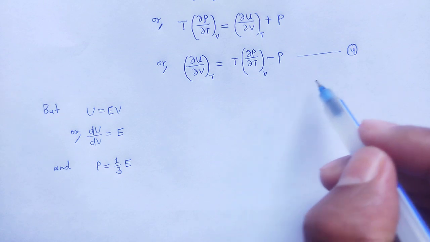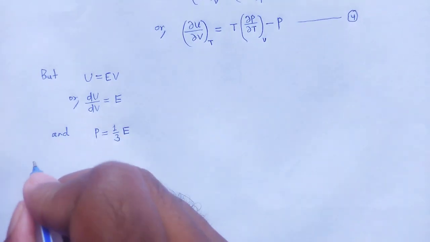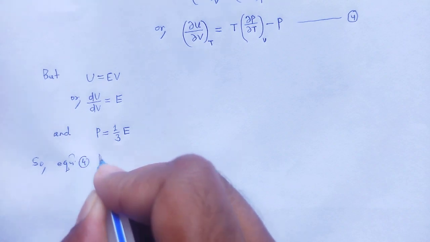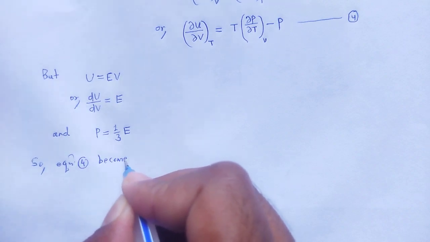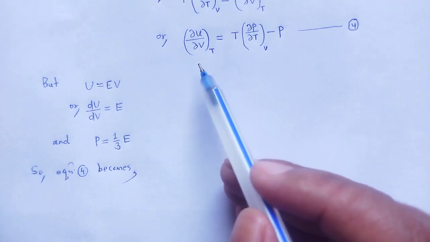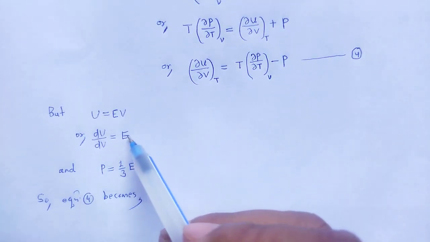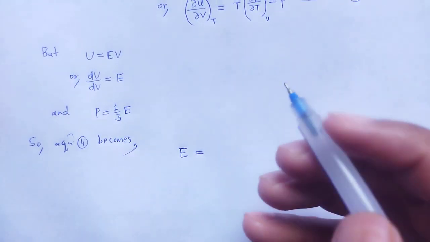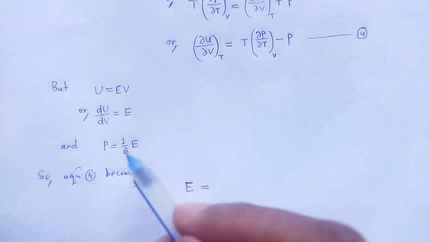So equation number 4 becomes ∂U/∂V, that is E. So E is equal to T ∂P/∂T.